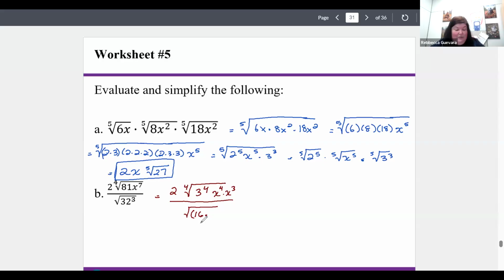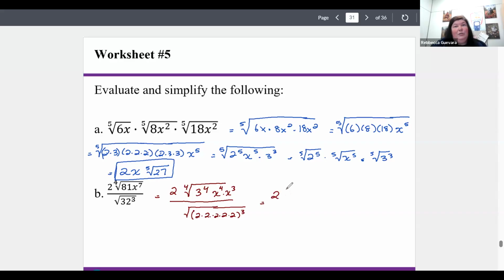I got an extra number here when I was trying to do this. This is just going to be 2 times 2 times 2 times 2 times 2, to the power of 3. All right, so make sure there's the right number of 2's there. So that's what 32 breaks down into.